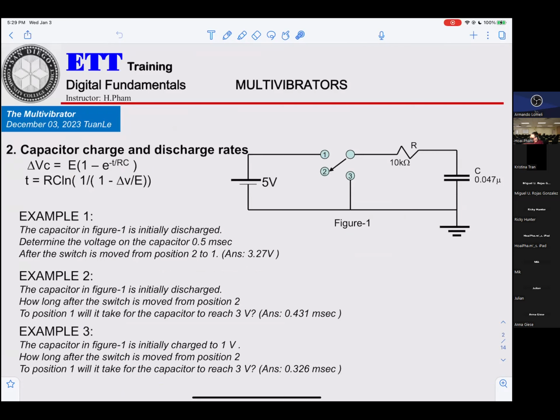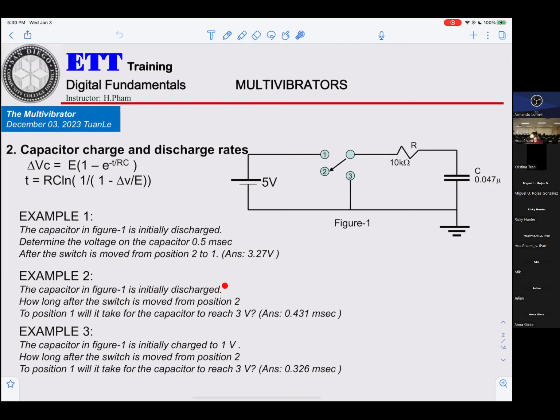So if you want to calculate delta VC, you need to know t. t will be 0.5 millisecond. You substitute using those two formulas and you can get the calculation. If you get it right, the answer will be 3.27 volts.